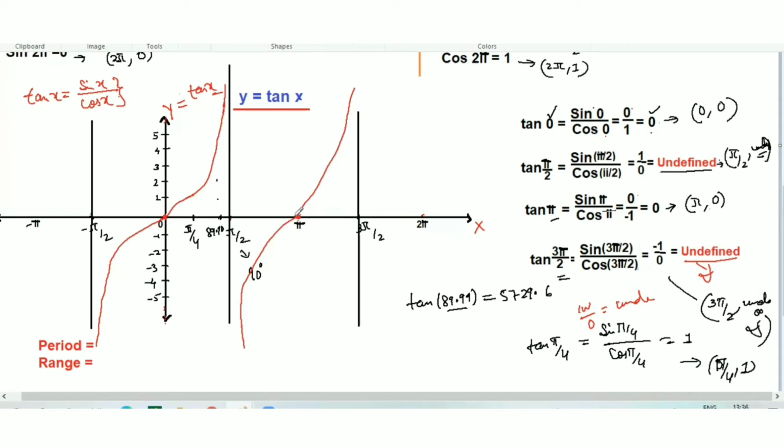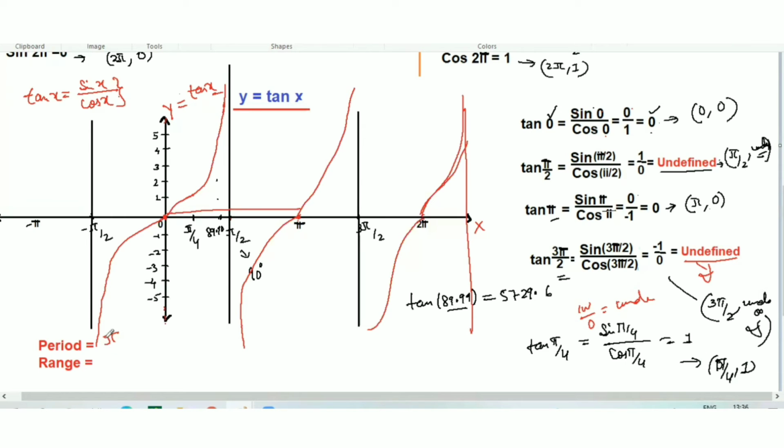So no, the period of the graph is the distance π. Then here, it will repeat itself. Here will be the asymptote. So here it will be repeating. So the period of the graph is π.